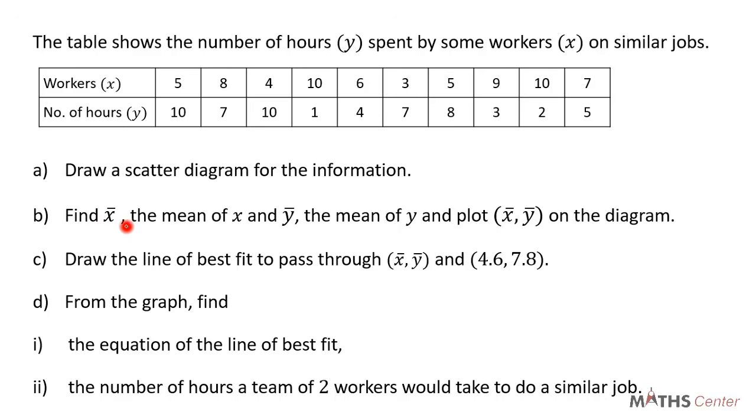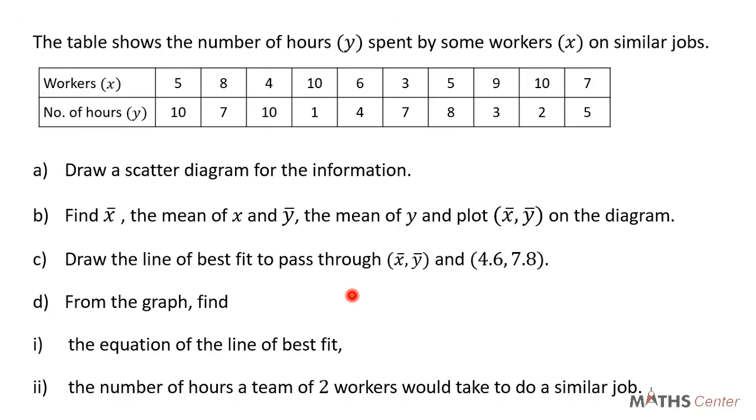B, find x mean, the mean of x, and y mean, the mean of y, and plot x mean, y mean on the diagram. C, draw the line of best fit to pass through x mean, y mean, and 4.6, 7.8. So here, you have been given two specific points the line of best fit should pass through.